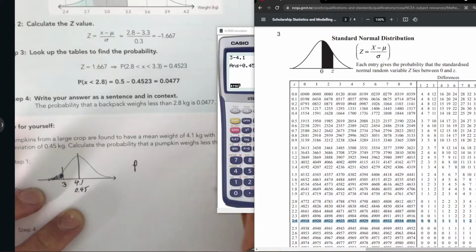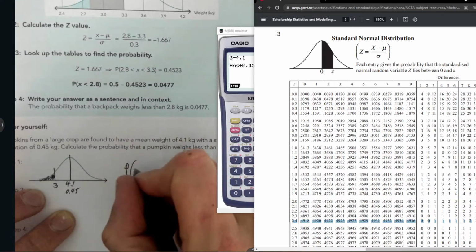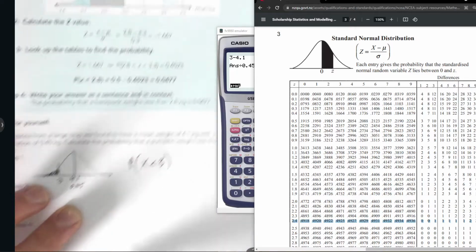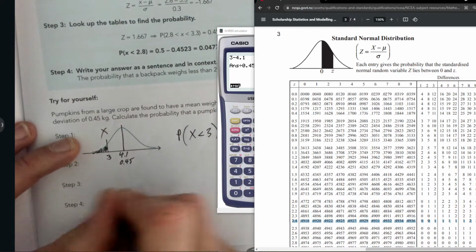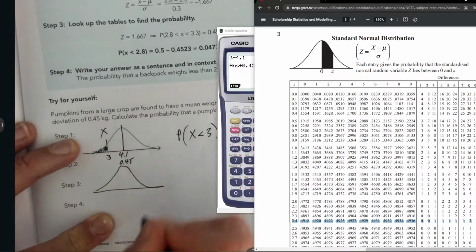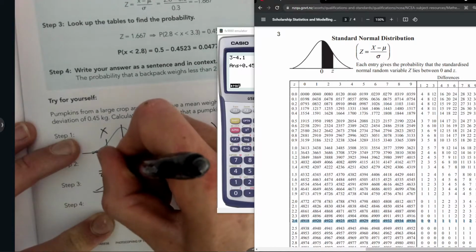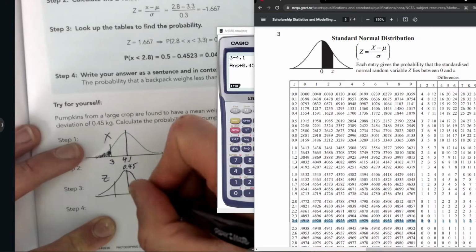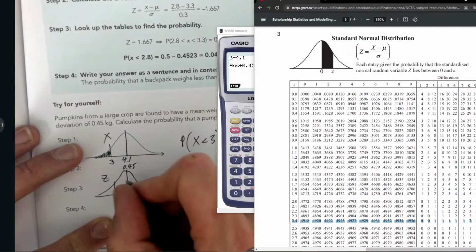I'd do my final statement straight away: P, that pumpkins are less than 3. That's the statement I'm going for. I'd label that X, quickly draw a distribution here, label that Z, highlight there.